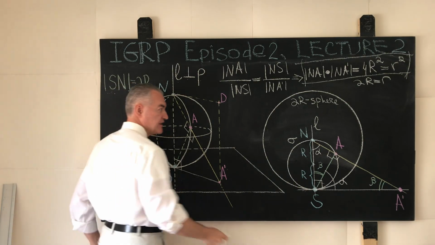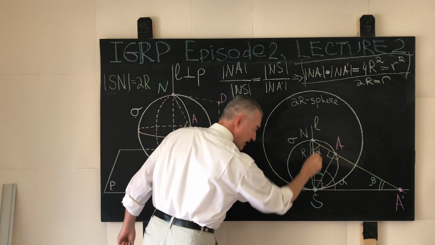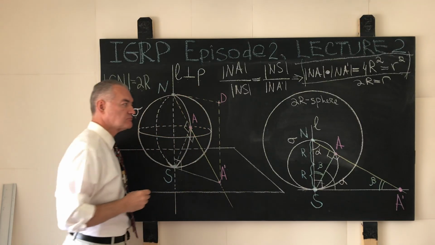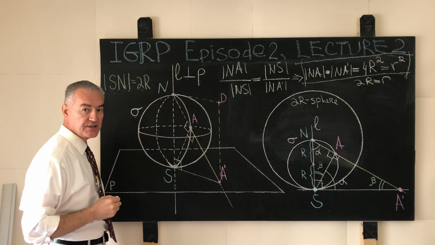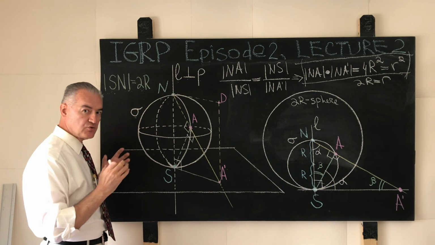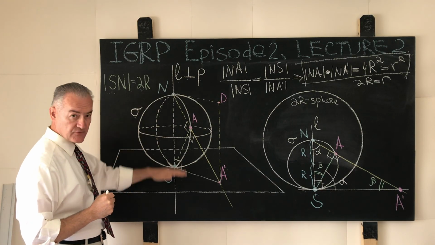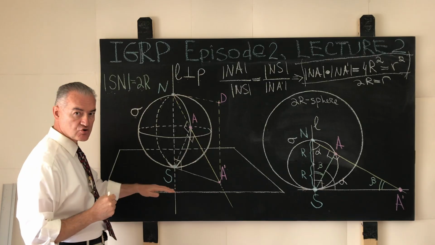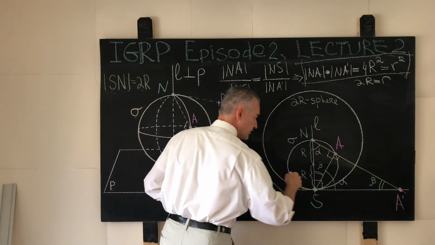And that appropriately chosen sphere is what? It is a sphere that has the north pole N of the Riemann sphere as the center, and the diameter of that Riemann sphere as its radius. So that is the connection between the stereographic projection and inversion of the 3-space with respect to a sphere.